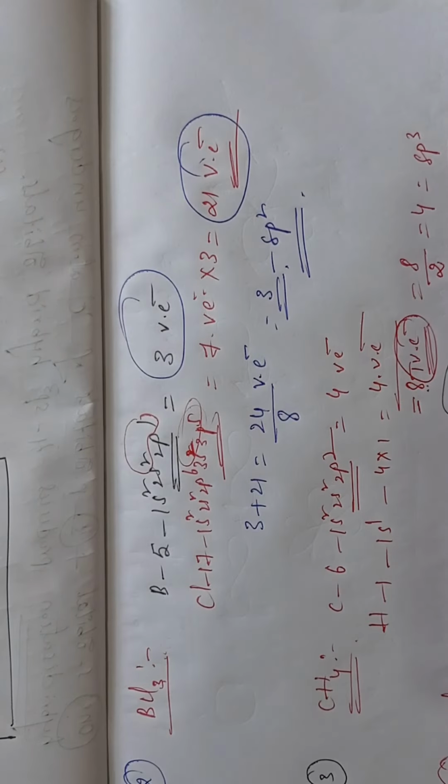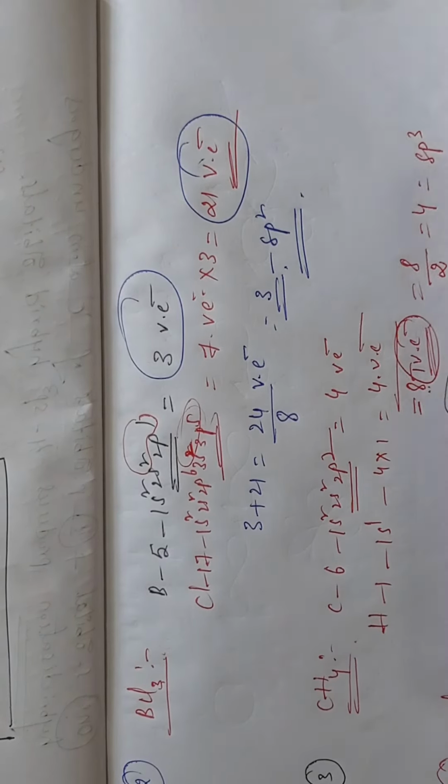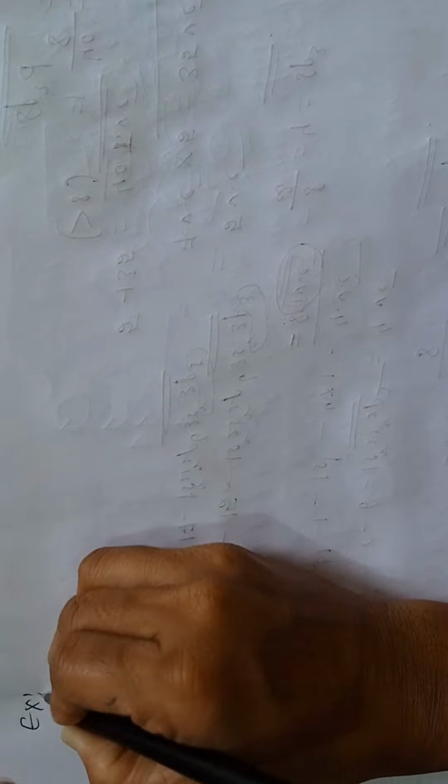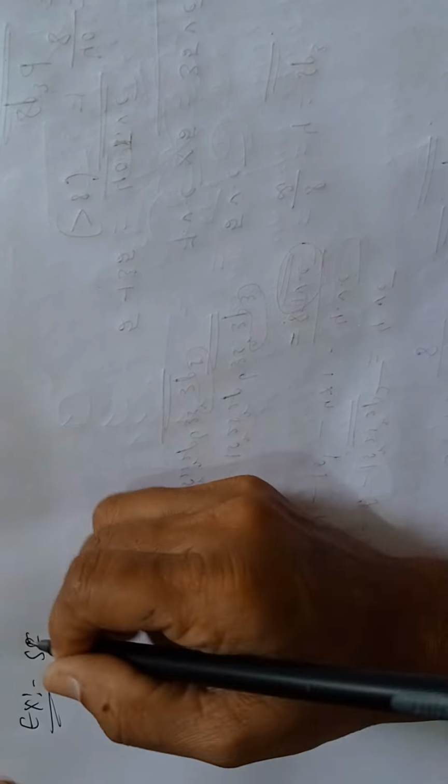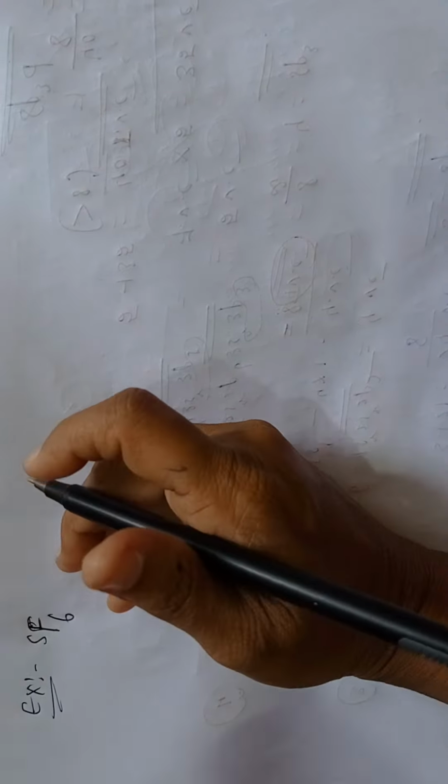Now I'm giving the example for sp3d2, the fifth example. Now see, students, sp3d2, what is the example? sp3d is completed, for sp3d2 I'm taking SF6. See here, SF6.